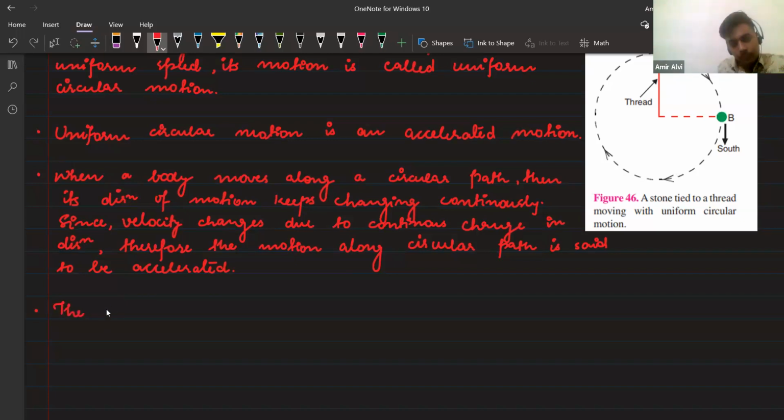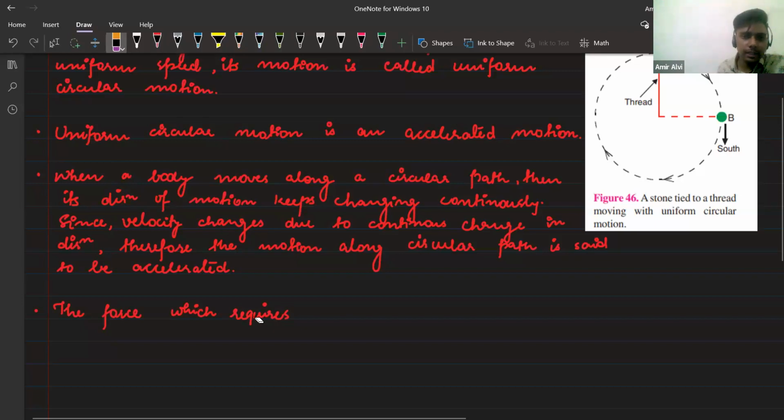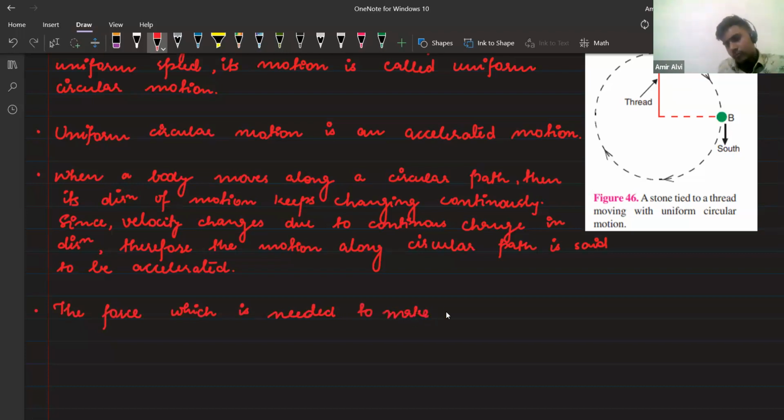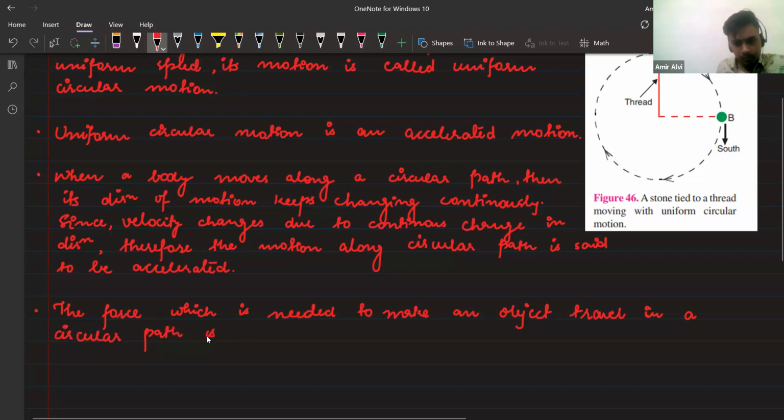The force which is needed to make an object travel in a circular path is called centripetal force.